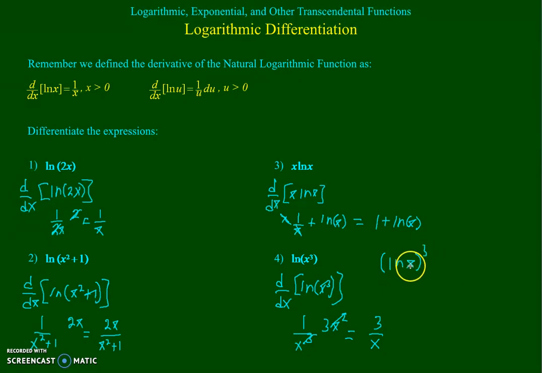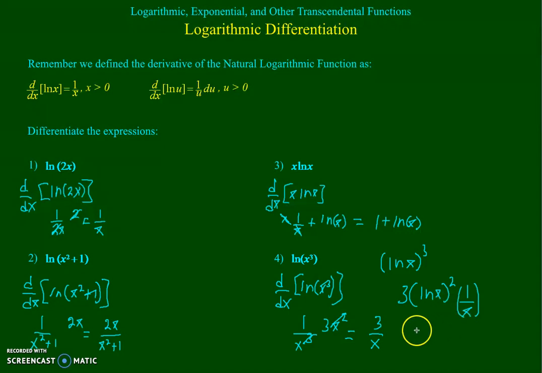So this is simply going to be the chain rule. So the derivative with respect to x of this, I'm not going to rewrite this derivative because I'm running out of space over here. It's just going to be the chain rule. So it's 3 times the inner piece squared times the derivative of the inner piece. And as we know, the derivative of ln of x is simply 1 over x.